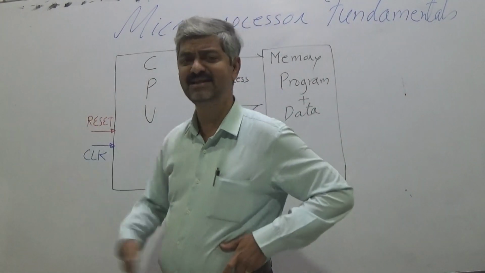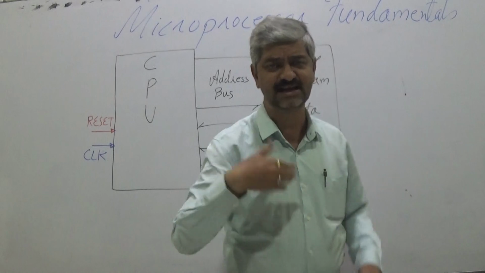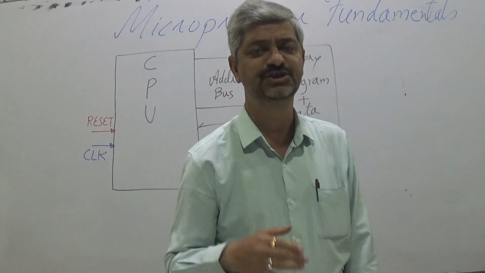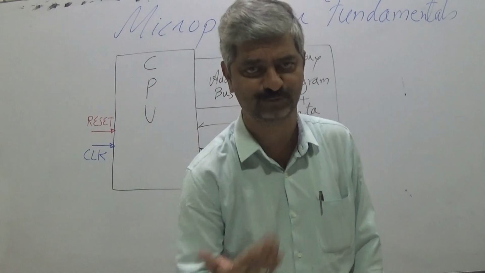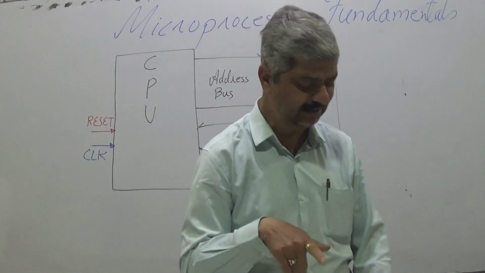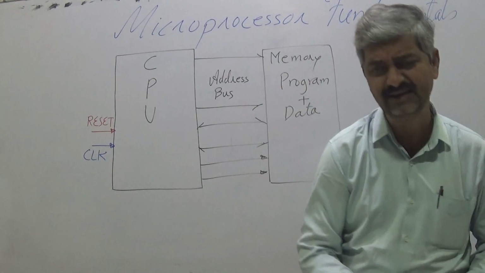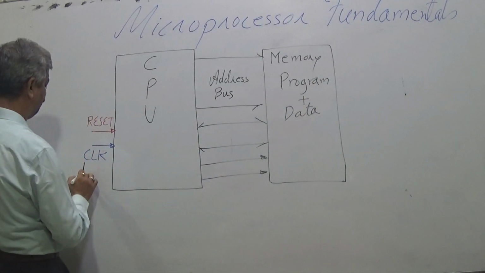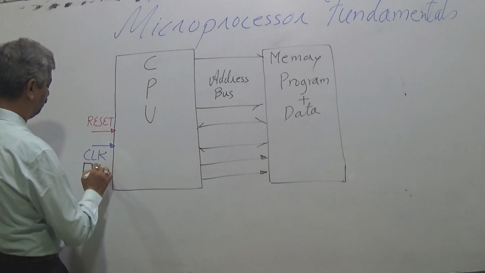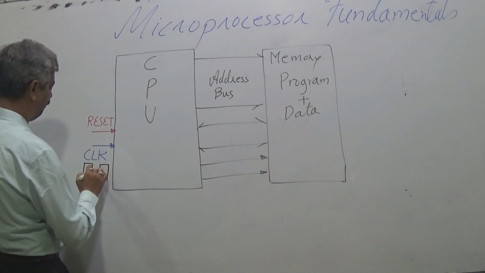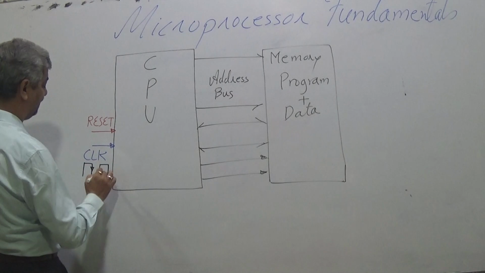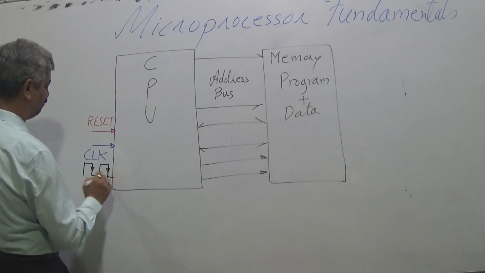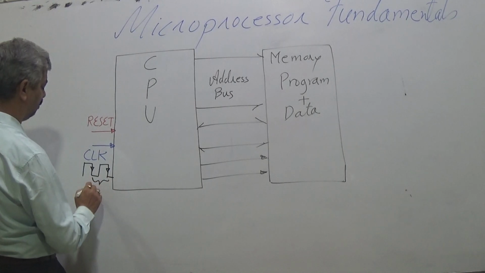So this clock is like a heartbeat, that is, it schedules the various activities of the microprocessor. Also presume that it's a convention, not an essentiality, that from one negative falling edge to the next falling edge of the clock is called one cycle. This is one clock cycle.